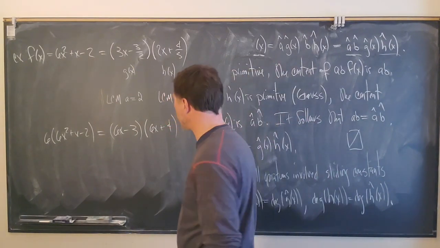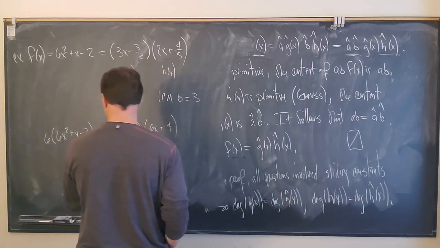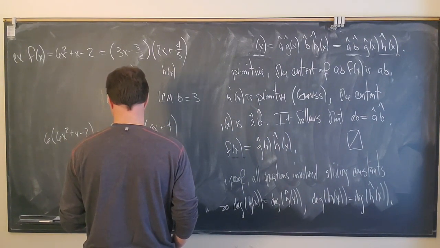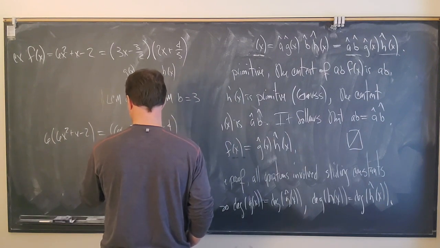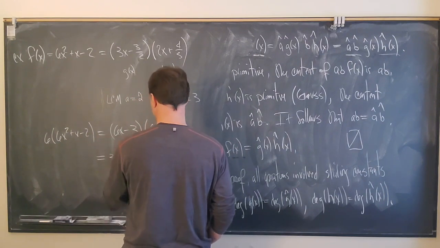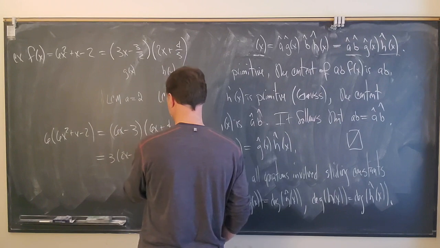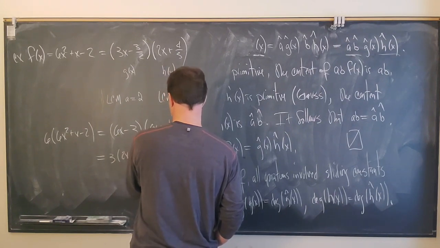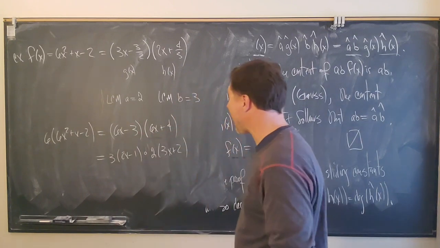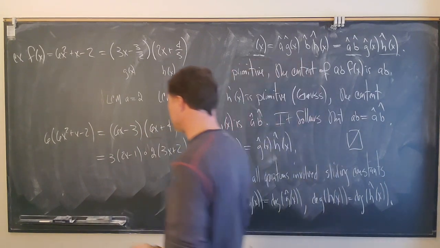Then what do we do? We pull out the content of each piece. The content here is going to be 3, so this will be 3 times 2x minus 1. The content here is going to be 2, so that'll be 2 times 3x plus 2. Now divide both sides by 6.